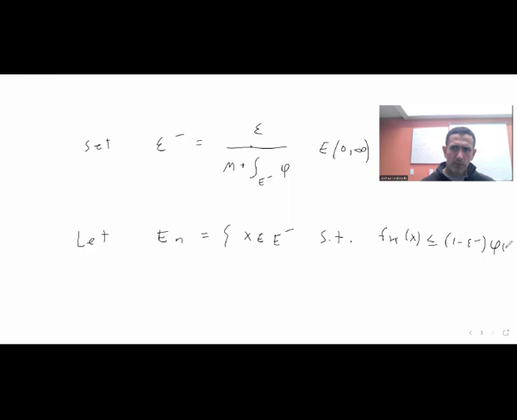In particular, what I mean is I want to get nested sets and use continuity of measure. All right. So yeah, let's say En is a set of all x in E prime, where fk of x is less than or equal to 1 minus epsilon prime times phi of x, or var phi of x, whatever it is, for some k bigger or equal to n.